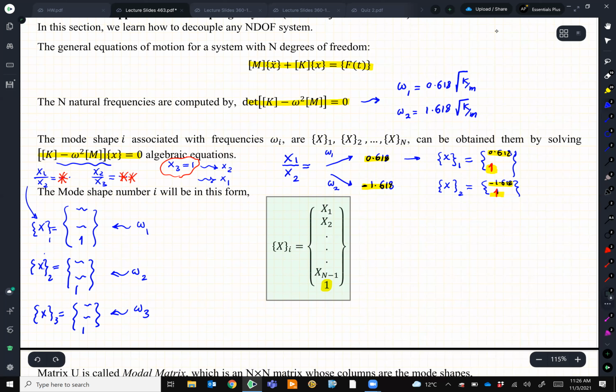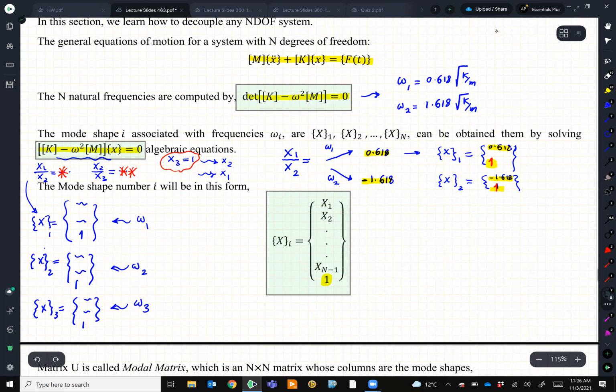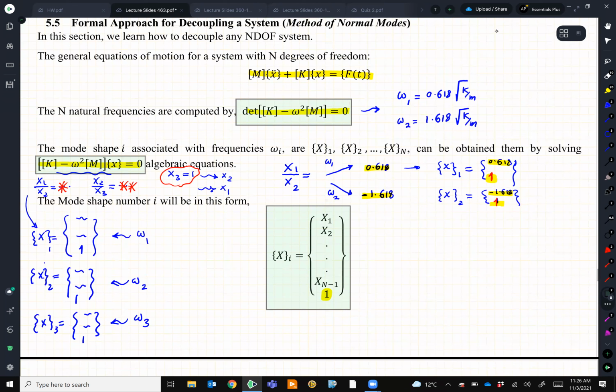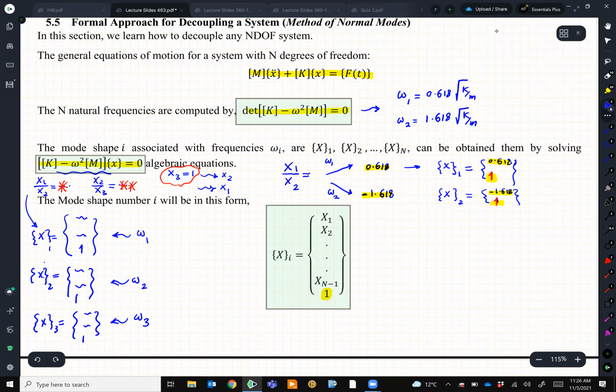The same things that we had, we solve this determinant, which we did before. We find the natural frequencies. We solve this algebraic equation. We find the ratio of x1 over x2, x2 over x3, and so on. We set the last one equal to 1, and we find the rest of them. We show them in a vector format. All right. So this is our mode shapes. Right? This is what we call them, mode shapes.